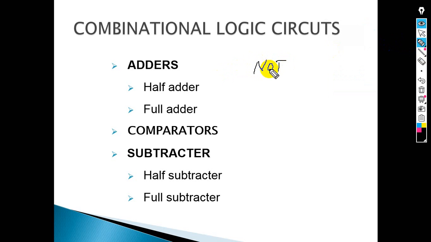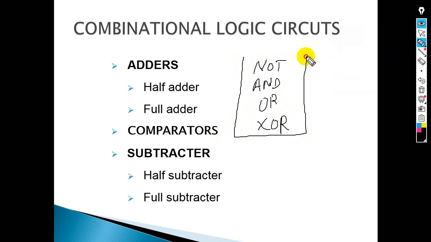That has been discussed in previous lectures. So the combinational circuit is made up of these basic logic gates, and each combinational circuit performs a specific task.